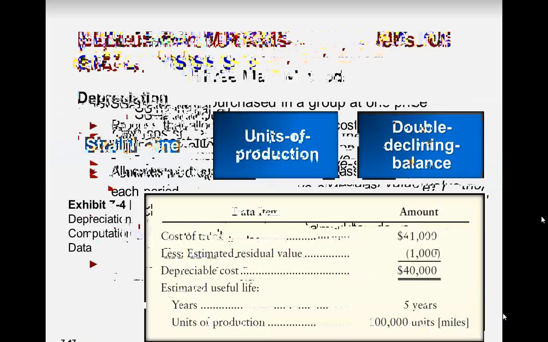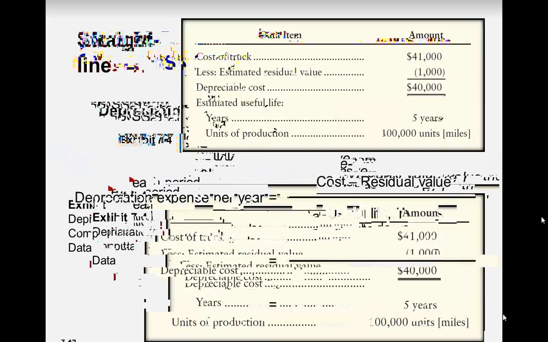With straight line depreciation, I simply take my depreciable cost and divide it by its useful life. So my truck is 41,000 minus 1,000, divided by 5, which equals 8,000. Because this is straight line, every year it'll be $8,000 per year for 5 years.